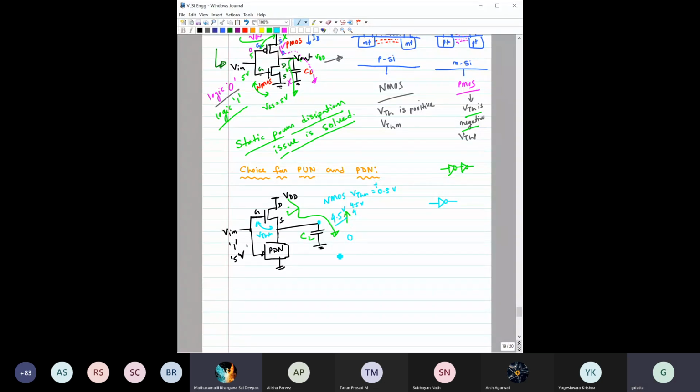Or in a general way, the maximum potential across CL would be VDD minus VTHN, right? So the output voltage will be one threshold voltage below the supply voltage, right?